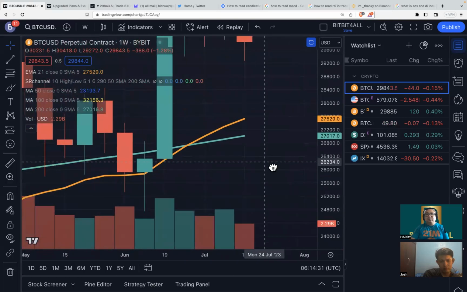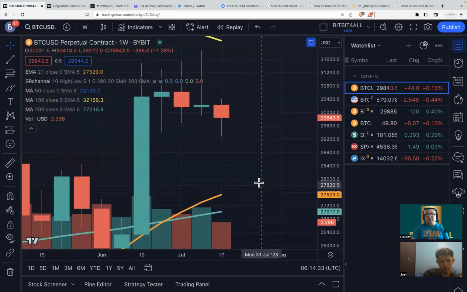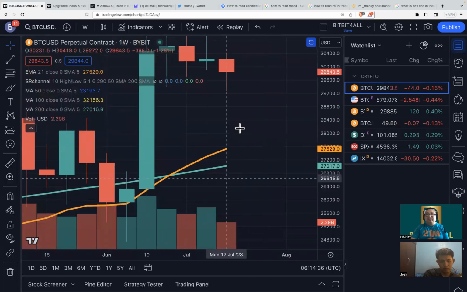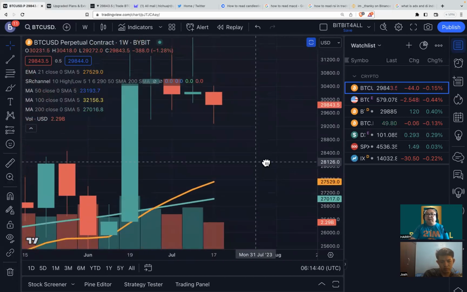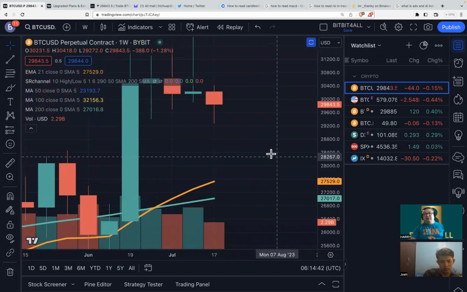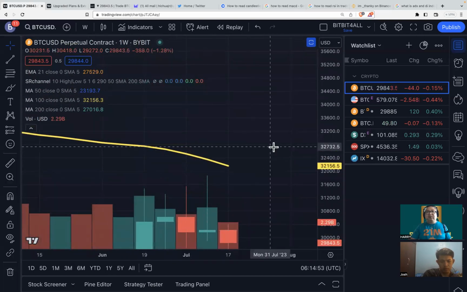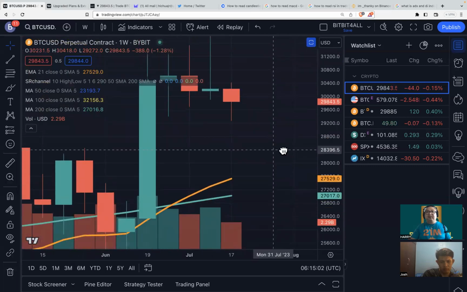So usually, if the price is above the EMA, meaning to say may pagka-bullish yan, longer term. So we are still in the early stages of the bull market. Okay? But we need to clear the 32,000 to proclaim that talagang bullish market na tayo. Dapat nandito na tayo sa 32,000 and above.